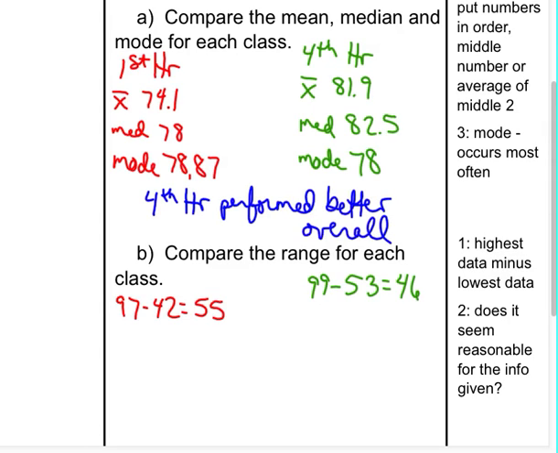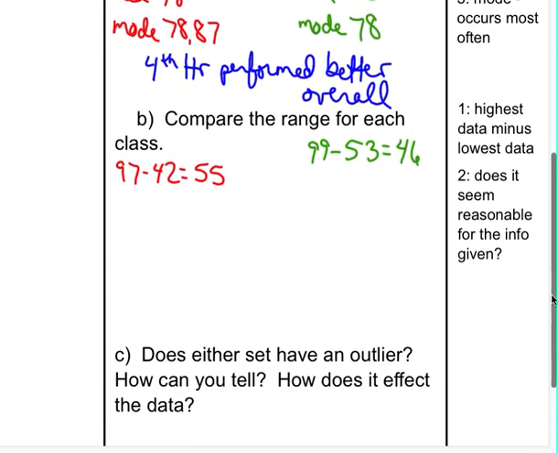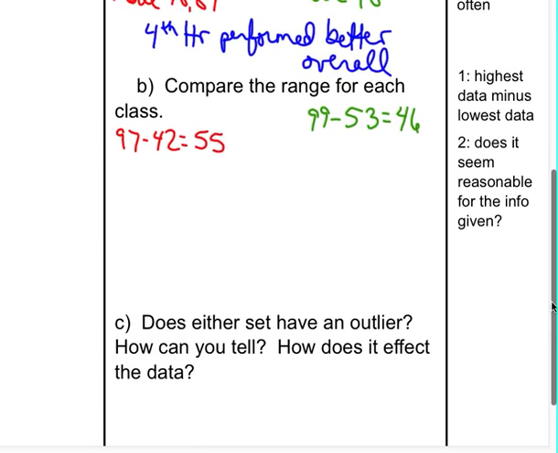Now, when we're talking about test scores, both of these ranges seem large to me. It means you had a wide variety of abilities or performances on the test. Again, looking at first hour, it is larger, so there was a wider range of abilities. Also, just looking at the range, there's potentially an outlier for the first hour.